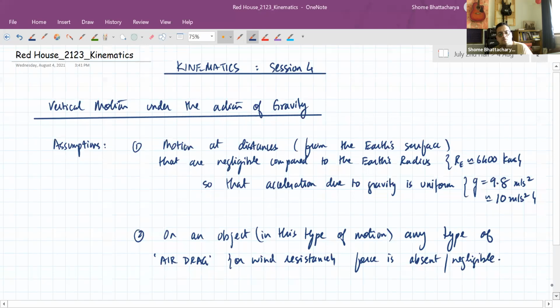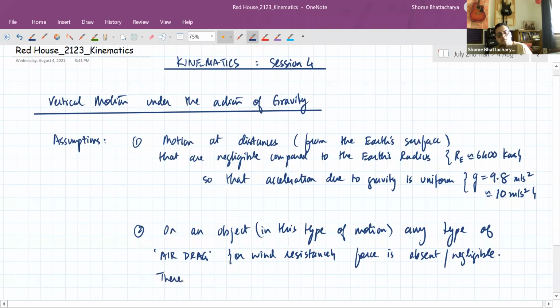Therefore, the net force is its weight, and therefore the acceleration equals the acceleration due to gravity.